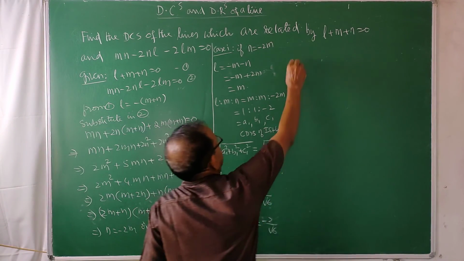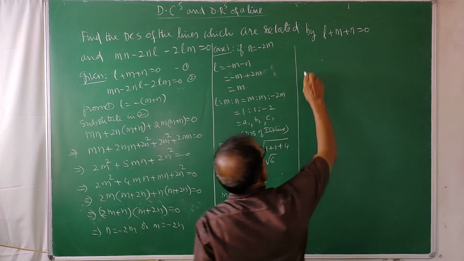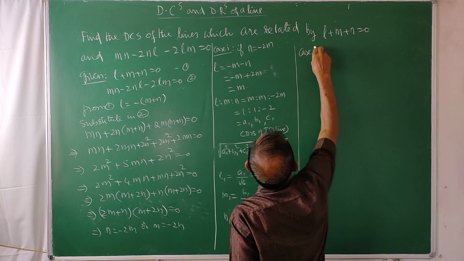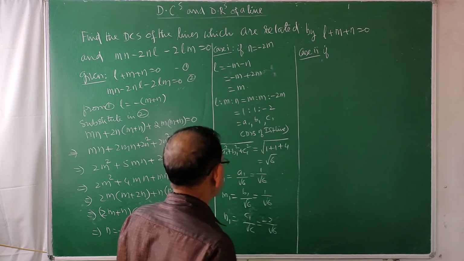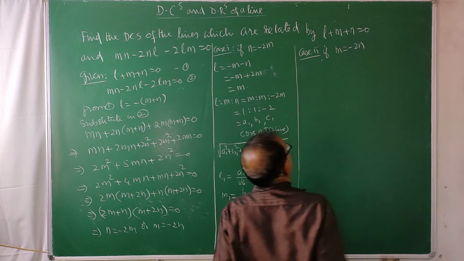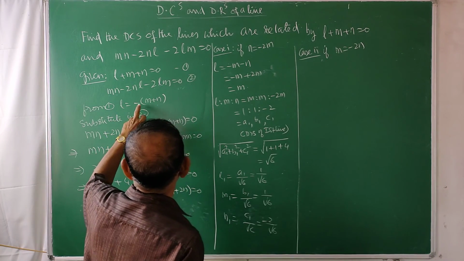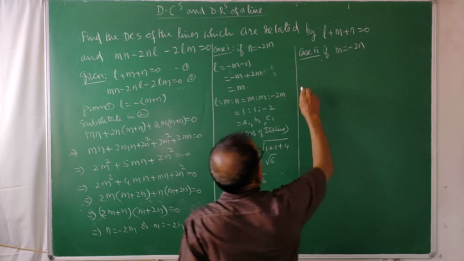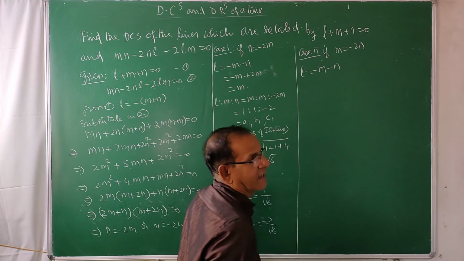Now consider the second case, we will get the DCs of the second line. Case 2. What is the other one? m is equal to minus 2n. If m is equal to minus 2n, then what is L? L is equal to minus m minus n.